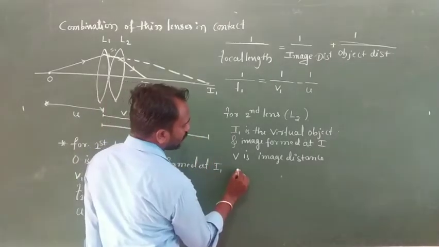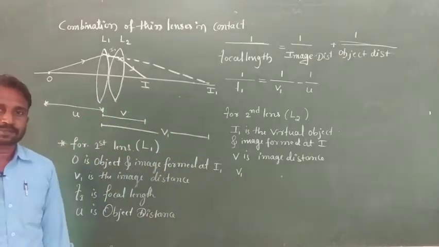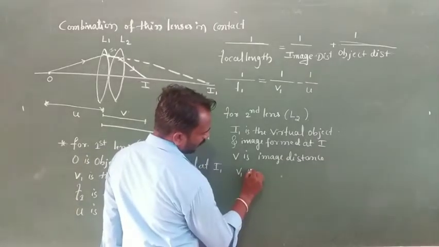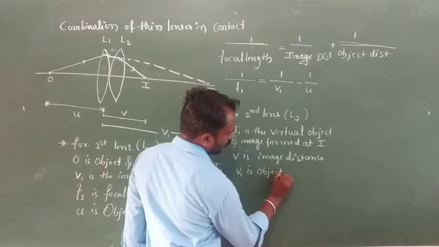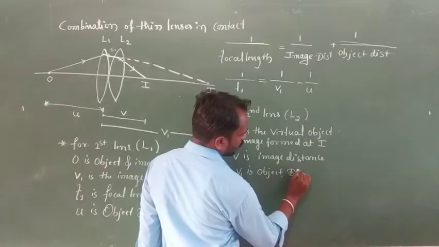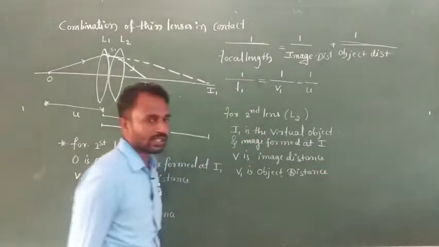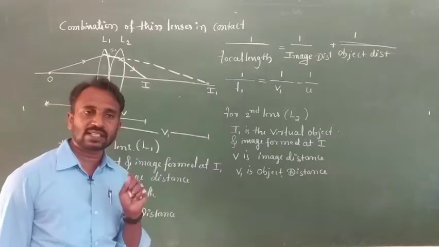So V1 is the object distance. According to sign convention, we consider V1 negative.